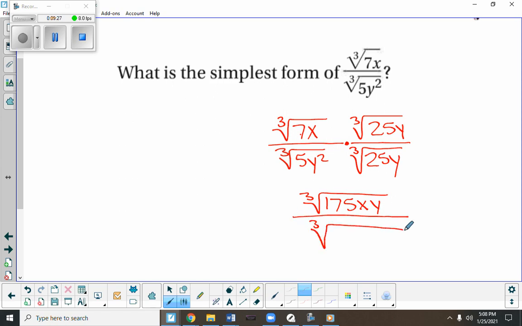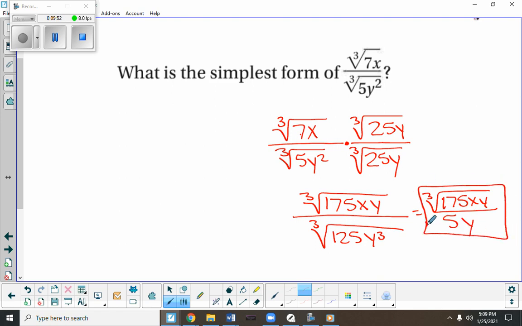In the denominator, I have 5 times 25, which is 125, and y squared times y is y to the third. So the cube root of 125 is 5. The cube root of y cubed is y. That's my answer. And nothing will cancel from the numerator to denominator because the numbers in the top are in a cube root sign, and these are not. And so that's your answer.